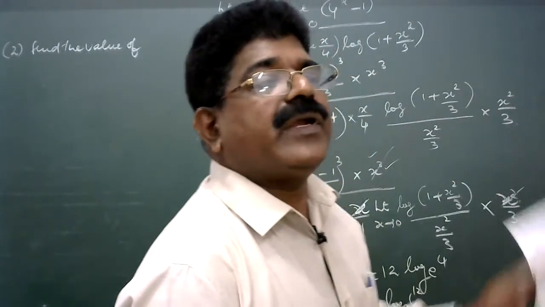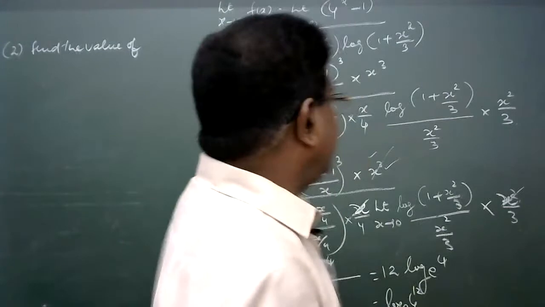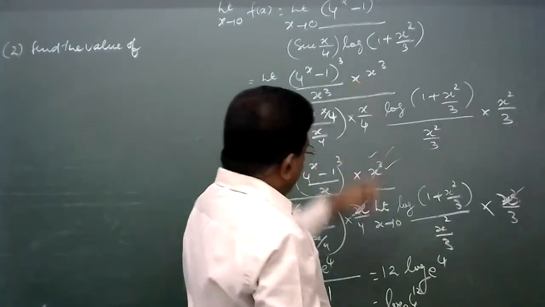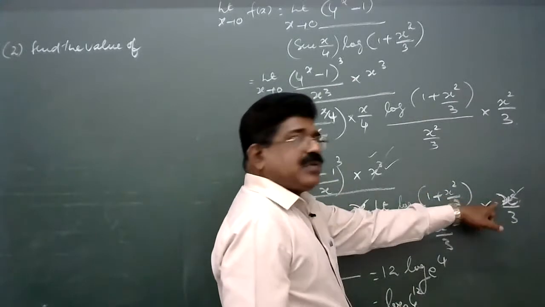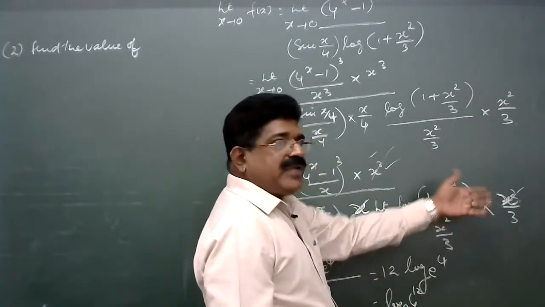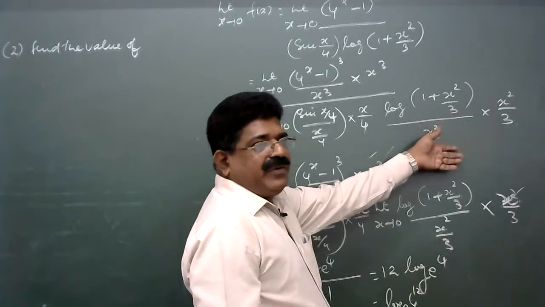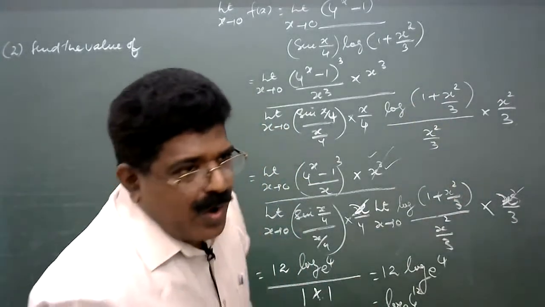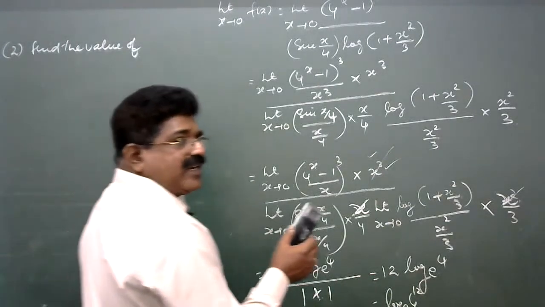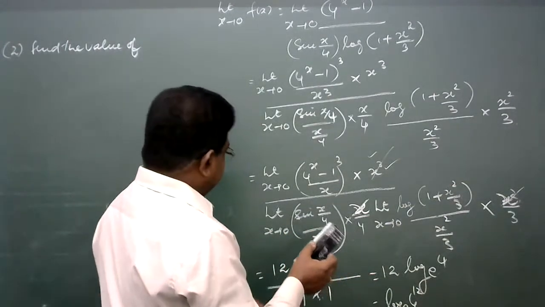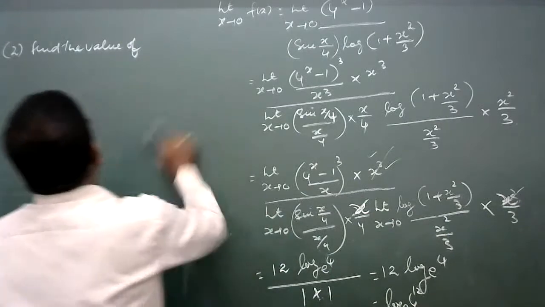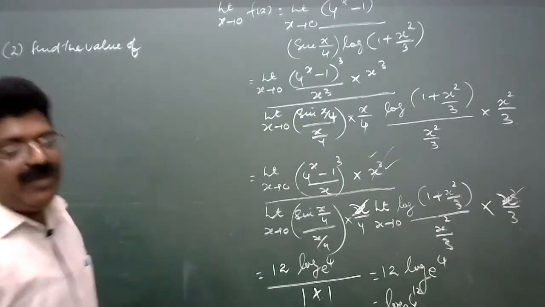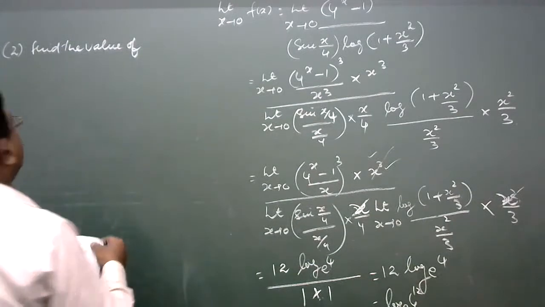X cube upon x into x squared, x into x squared is x to the power 3, x to the power 3 cancels. Clear? So all of you have noted? Yes, already. And then next you can see it in the record also. Correct? Okay. Anyhow, before writing the question, if you want, you can write it.